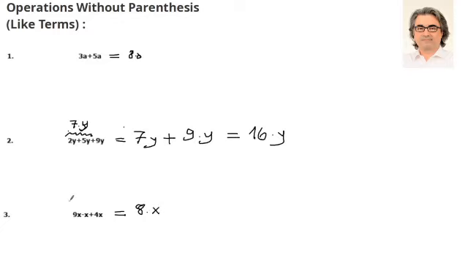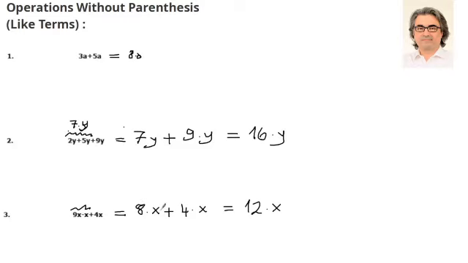After that, plus 4 times x. It means 8 plus 4 is 12 times x. Don't forget to put x at the end.